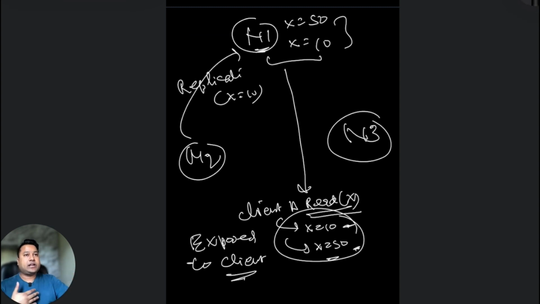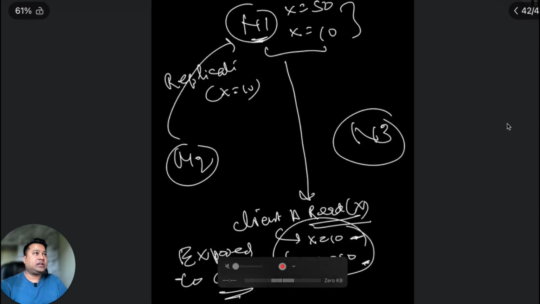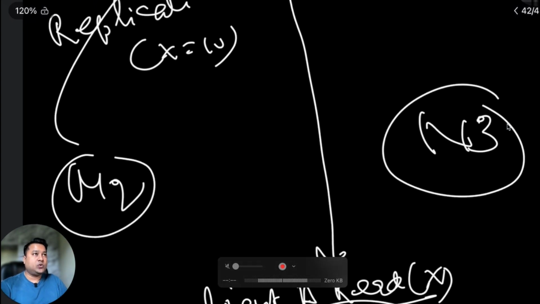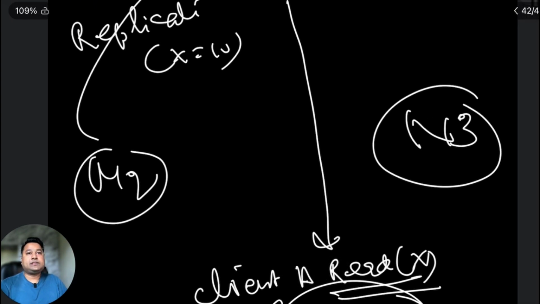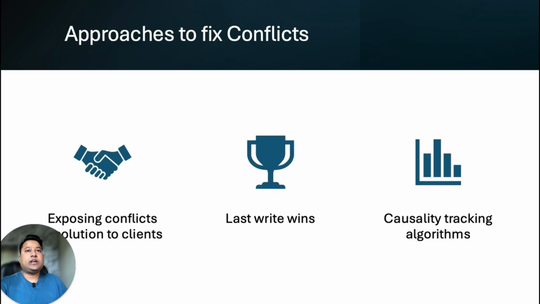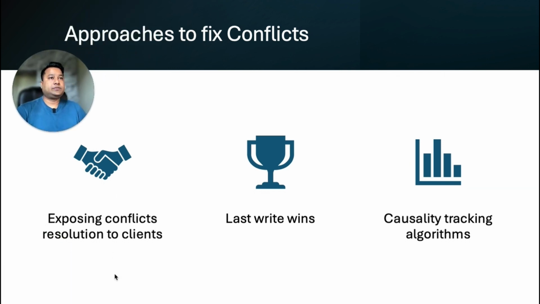When the client is trying to read, you are saying, these are the two versions I have, can you resolve it, which value do you prefer? So this is the conflict resolution technique that people use whenever you find the conflict during the read operation. That's why I have written exposing to client, resolution by clients, right? So this is one technique.